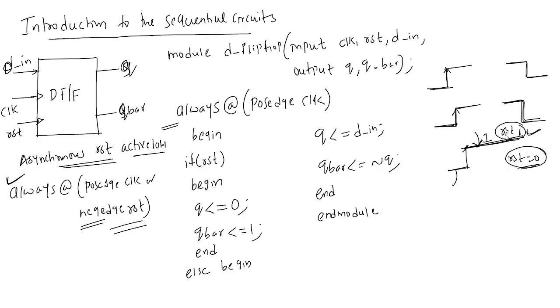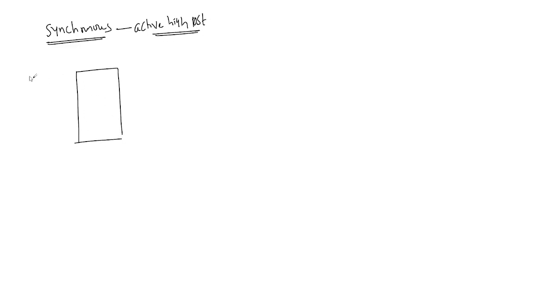Okay, so here, how the reset will be there. Synchronous reset means, let us take active high reset. Okay, active high reset. So how it will be there means, there is a D flip flop, and you have a mux over here.